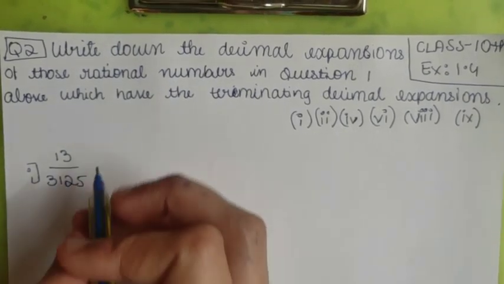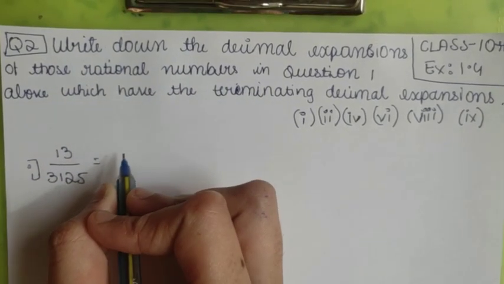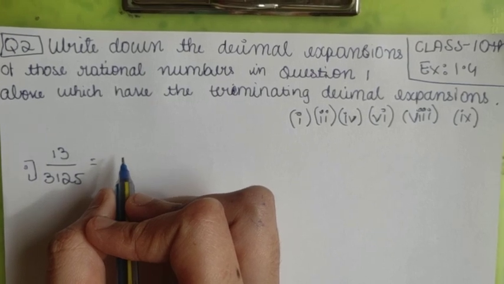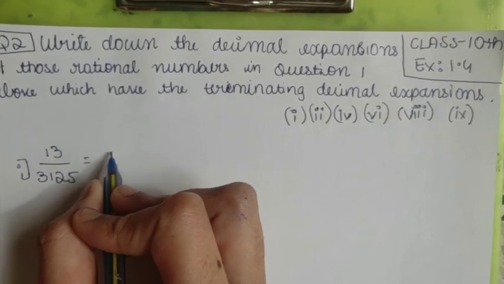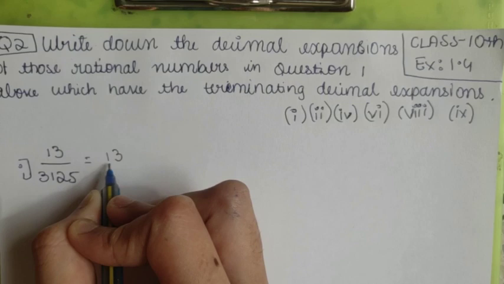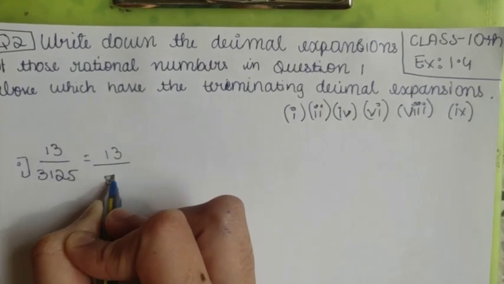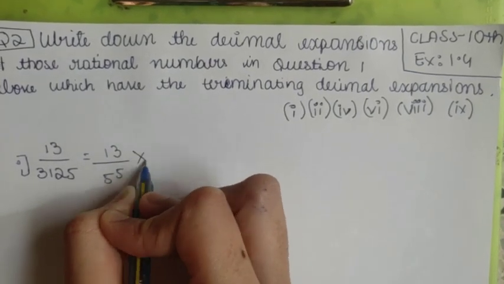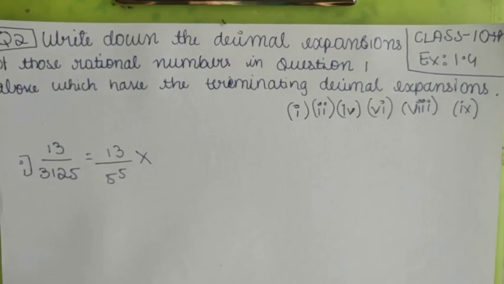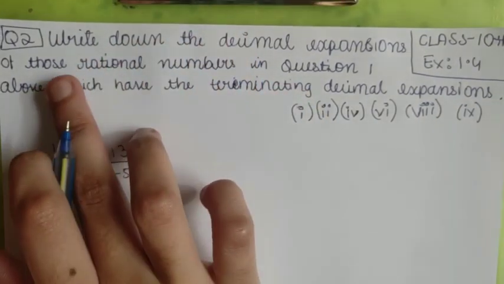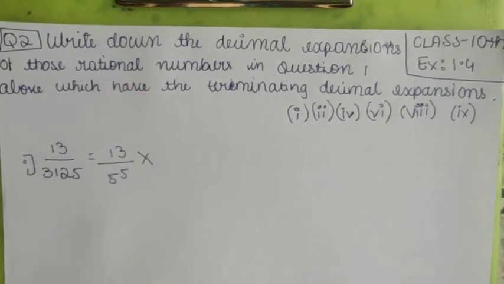Now here in the previous video, question number 1, when we were solving, we got 13 by 5 root 5. Okay, now how to find the decimal expansion of those rational numbers?